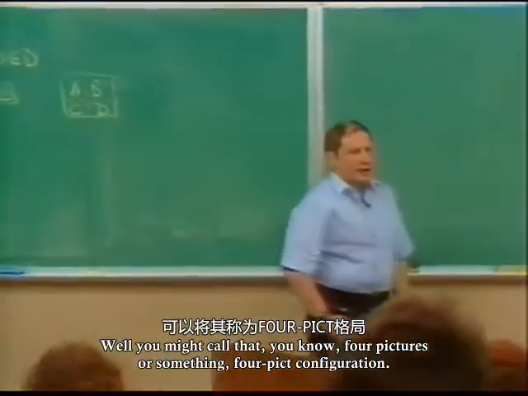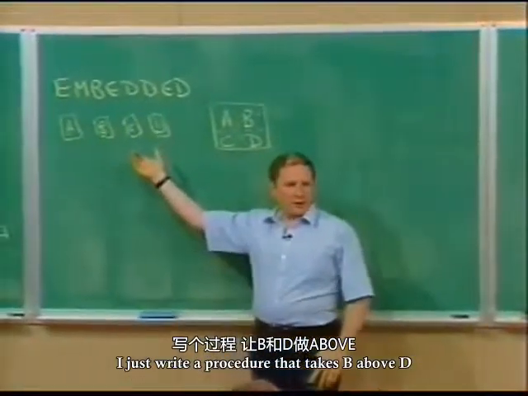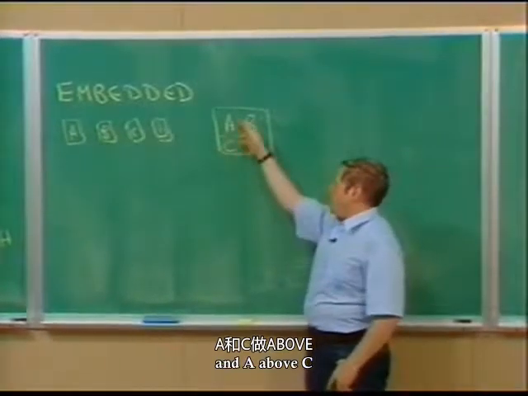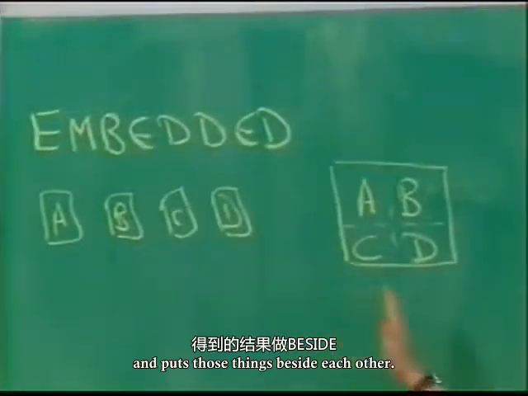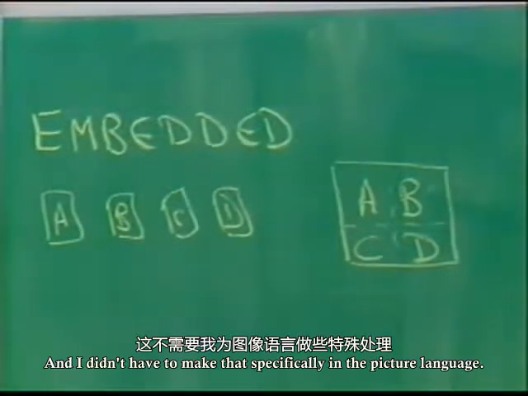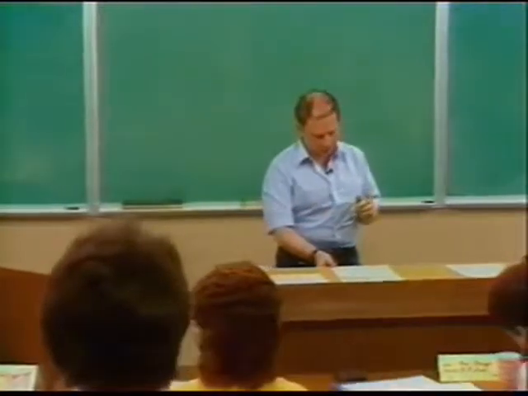How do I do that? Well, I can obviously do that. I just write a procedure that takes B above D and A above C and puts those things beside each other. So I automatically have Lisp's ability to do procedure composition. And I didn't have to make that specifically in the picture language. It's automatic from the fact that the means of combination are themselves procedures.